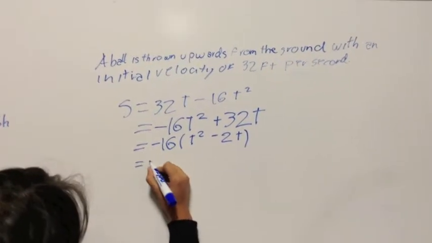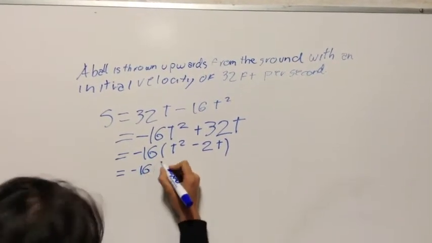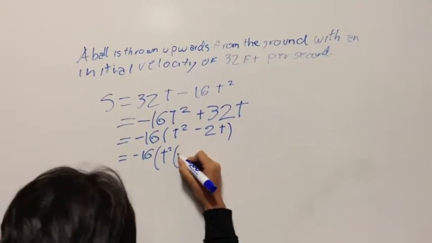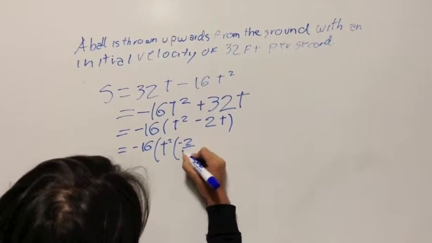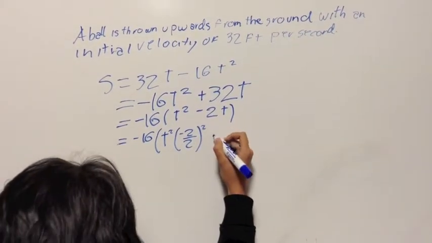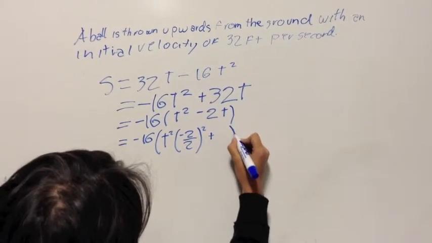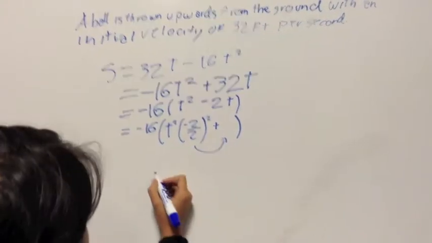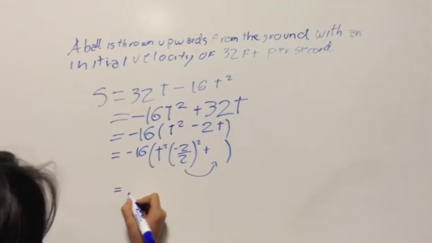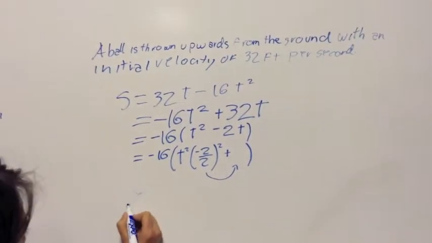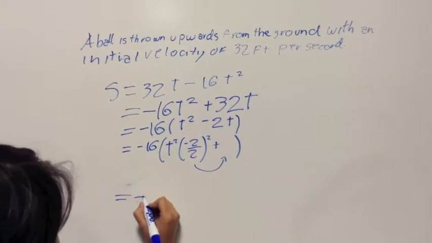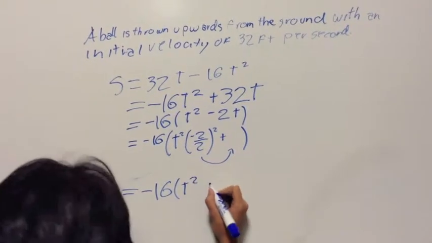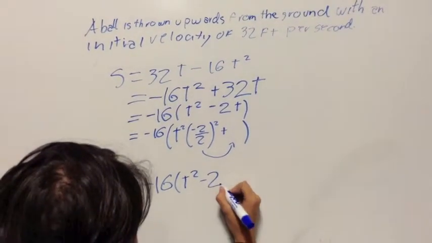Then, to complete the square, we divide the 2 by 2 and it gives us 1, and that 1 we have to square. So we have minus 16 times t squared minus 2t plus 1.